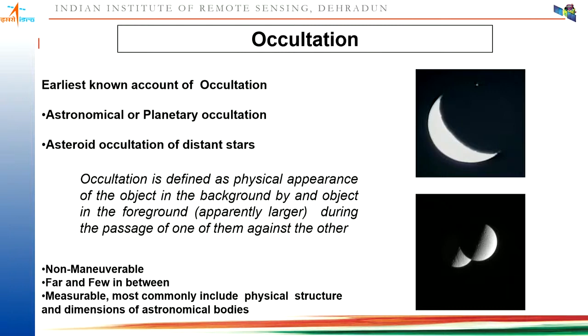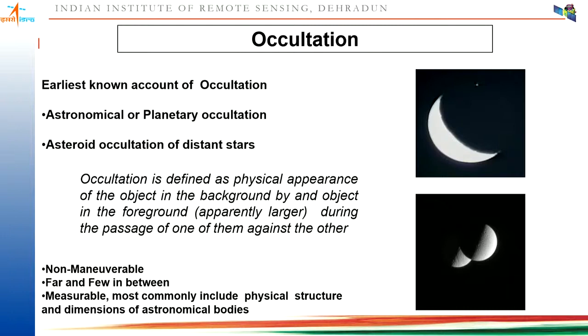GPS altitude is 20,200 kilometers, and the low earth orbit satellite is around 700 to 800 kilometers. When we fix this receiver onto the low earth orbit satellite, it will also receive the signals from GPS, but for a shorter duration. It is not continuous like when we measure on the ground.